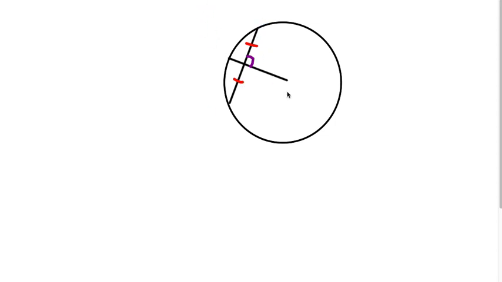So if we were to label this, let's say that this is circle O. Now circle O is an oddly enough very popular name for a circle. Let's say that was a point A, B, and C. Then that would mean these intersect at point D, let's call it, right?